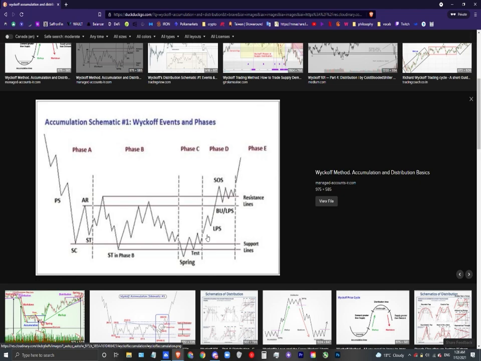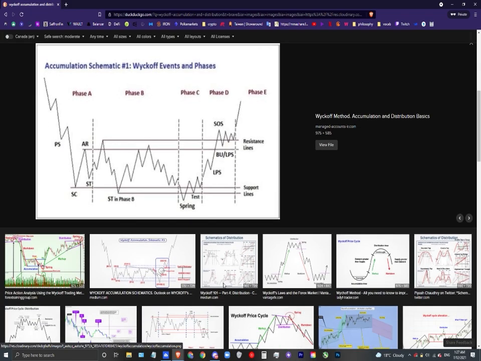As I mentioned, Wyckoff is pretty flexible. A lot of the times you're not going to see a secondary test in phase B, and the secondary test could be up here, up over here. It's not going to always go below the selling climax. And a spring is pretty common, but it's not necessary either.